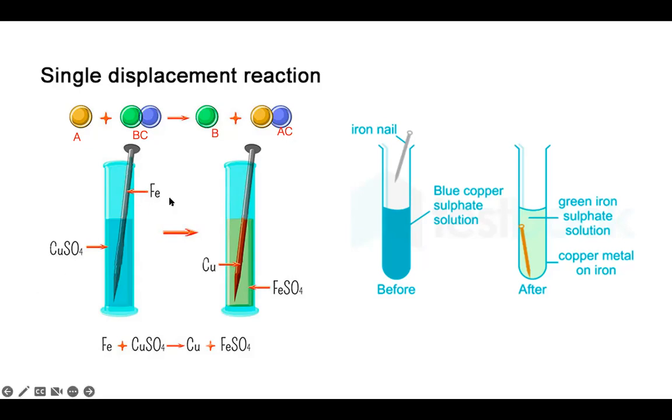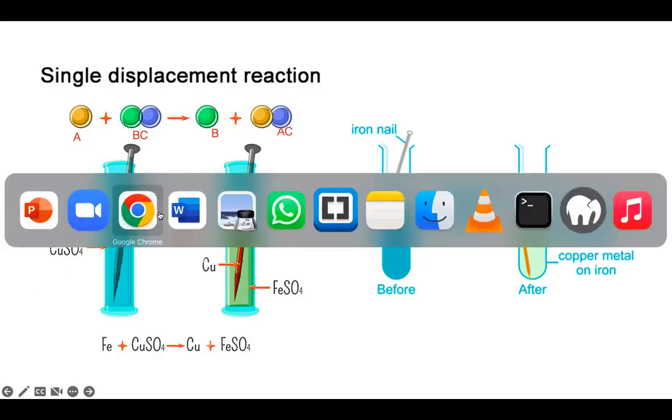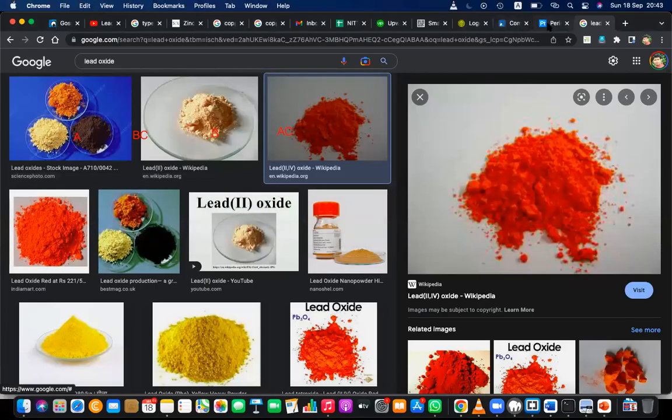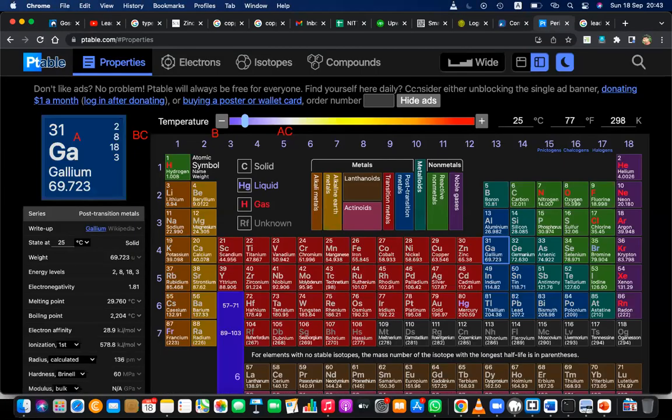Actually, in a nail you have Fe. Let's refer to the periodic table. What is Fe? Can you see Fe? Check where Fe is.